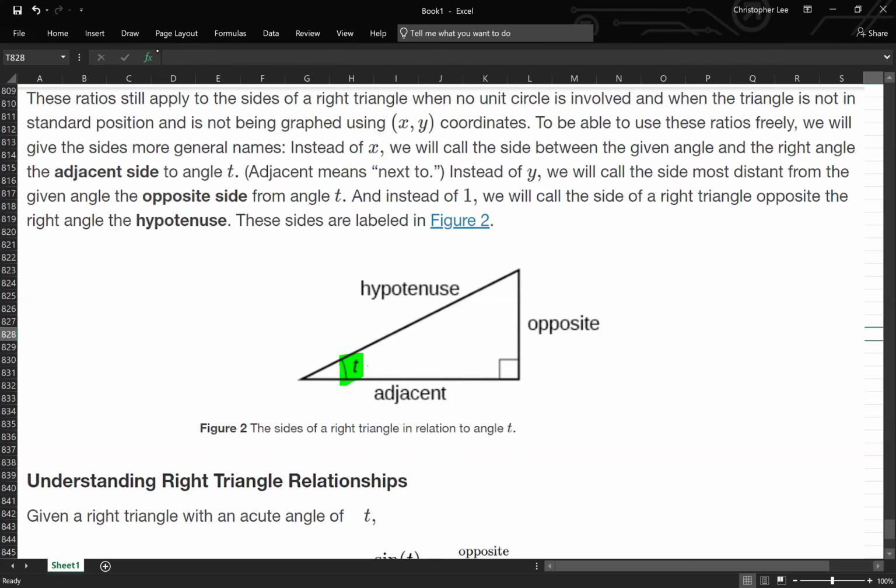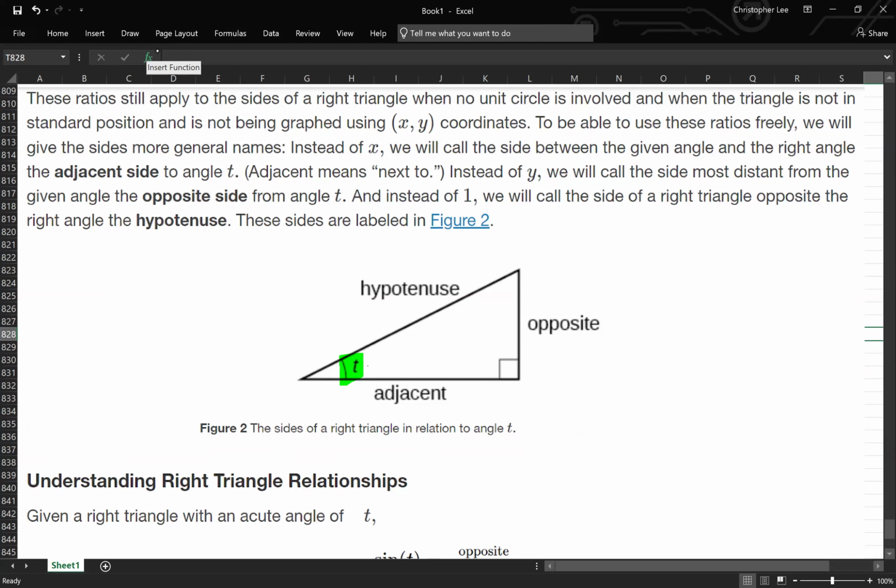So let's go through this. These ratios still apply to the sides of the right triangle when no unit circle is involved and when the triangle is not in standard position and is not being graphed, all right? So to be able to use these ratios freely, we'll give these sides more general names. Instead of x, we can call the sides between the given angle and the right angle the adjacent side, right? So adjacent, again, means next to.